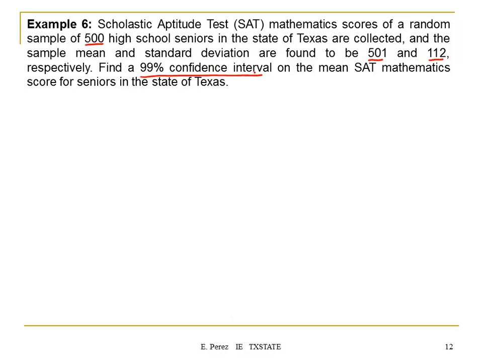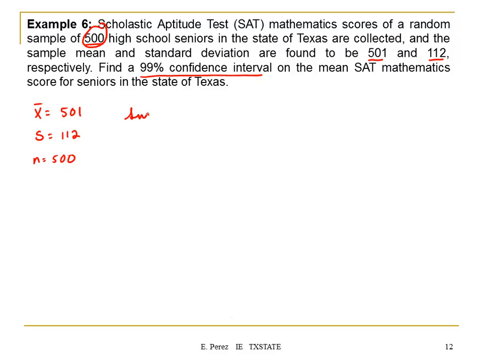So what do we have? We have the sample mean, and we have the sample standard deviation. We know the sample size is high. It's 500 students. So n is 500.